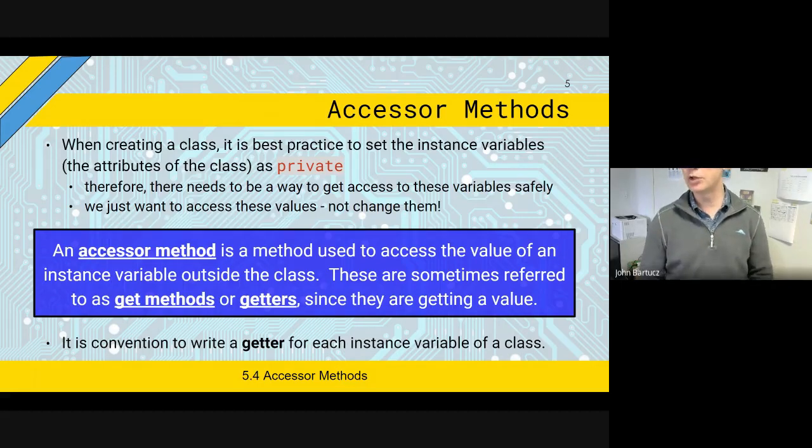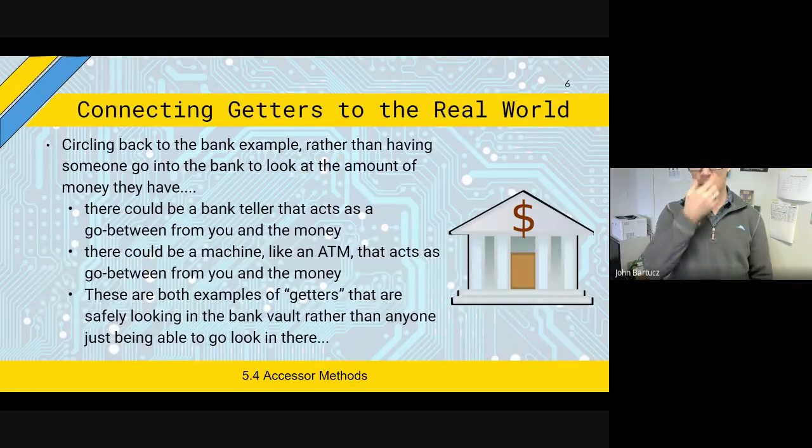So we want to be able to check our balance anytime we want, but the bankers don't want us to be able to set that balance yet. We'll get to that in a second. So for now, we're talking just about reading the balance, not being able to update it. So that's what an accessor or a getter is. It's a public method, a public function, a public way, a getter, to look at the balance, but not be able to change it.